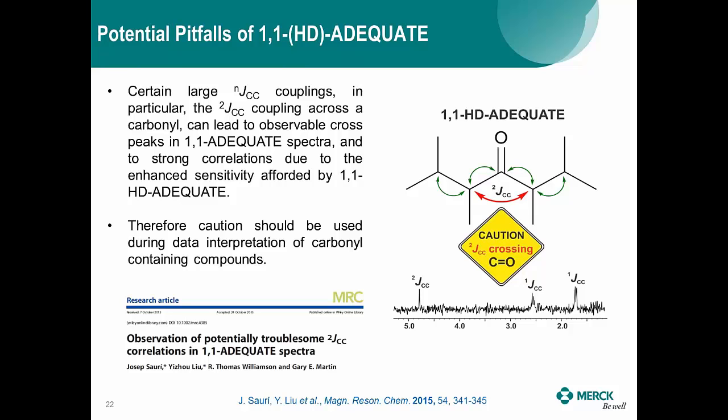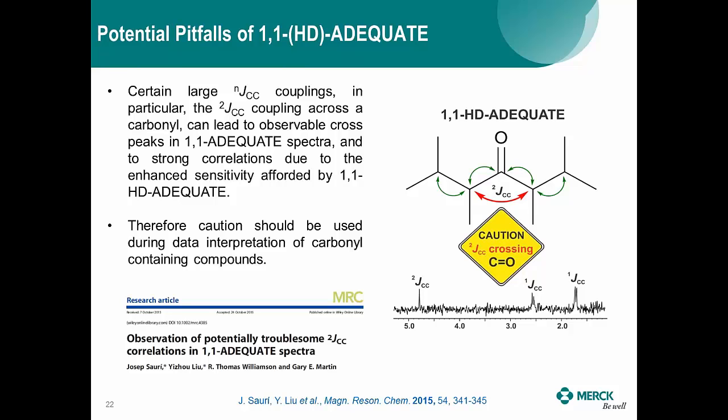We just realized that sometimes there are two-bond carbon-carbon correlations that show up in the 1,1-ADEQUATE. Now, we need to be aware of this because we don't want to take a two-bond correlation for a one-bond correlation. We realized that some large two-bond correlations can show up, especially when they take place across carbonyls. I'll show you an example of this.